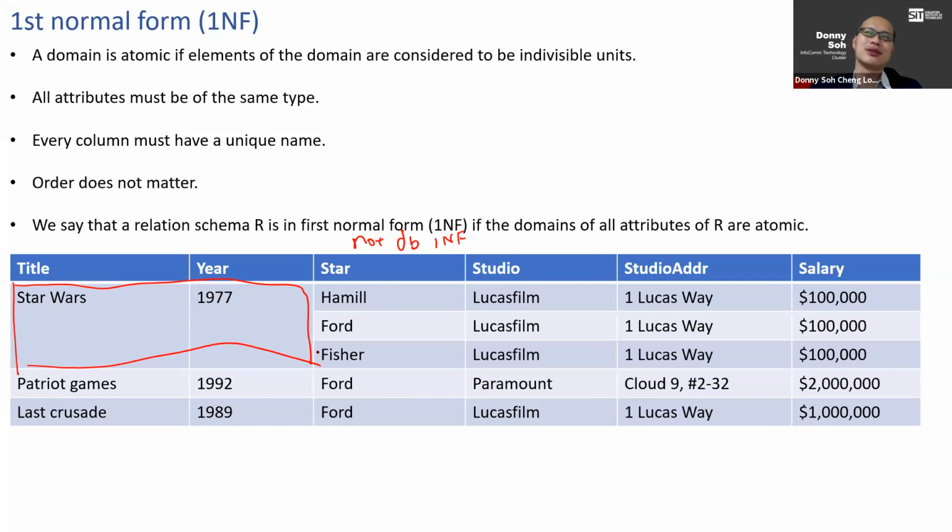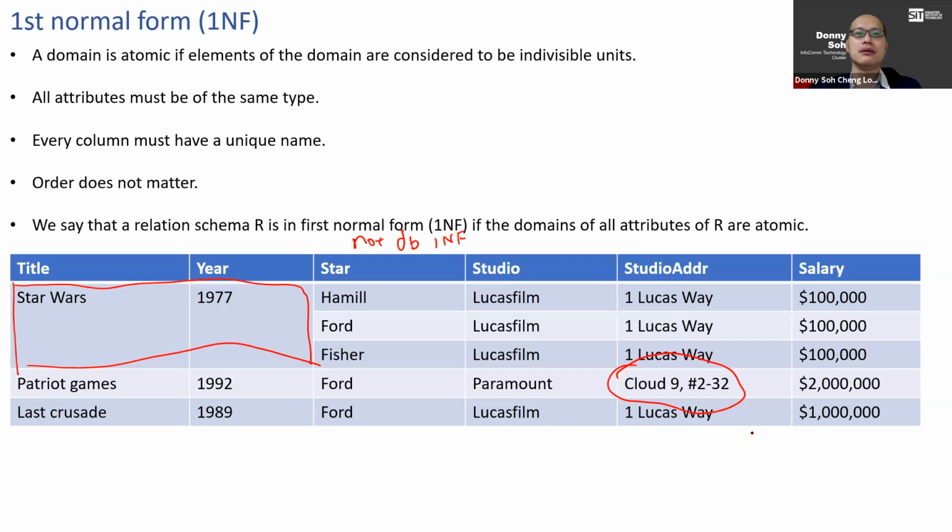Firstly, the rows must be single rows. Somehow I forgot what's the right term to describe rows. But it must be a single row for every entry. The rows must be distinct for every single row. So that's the very first thing. The second thing is that the address over here is also not atomic.